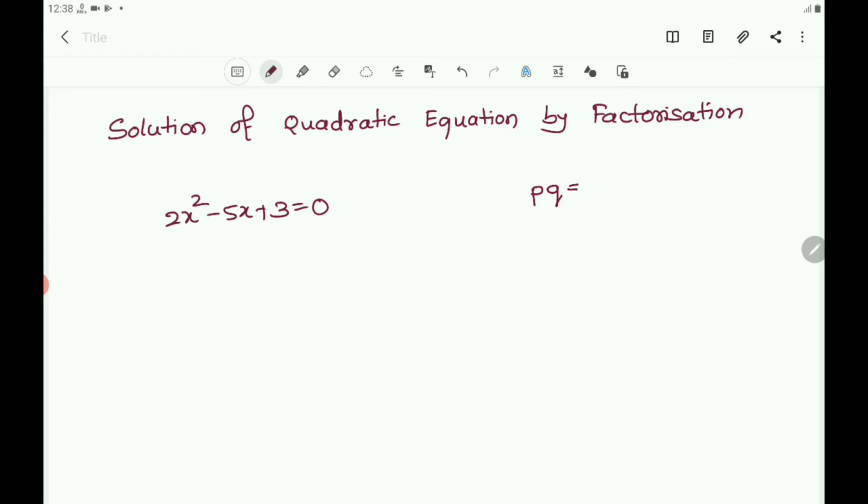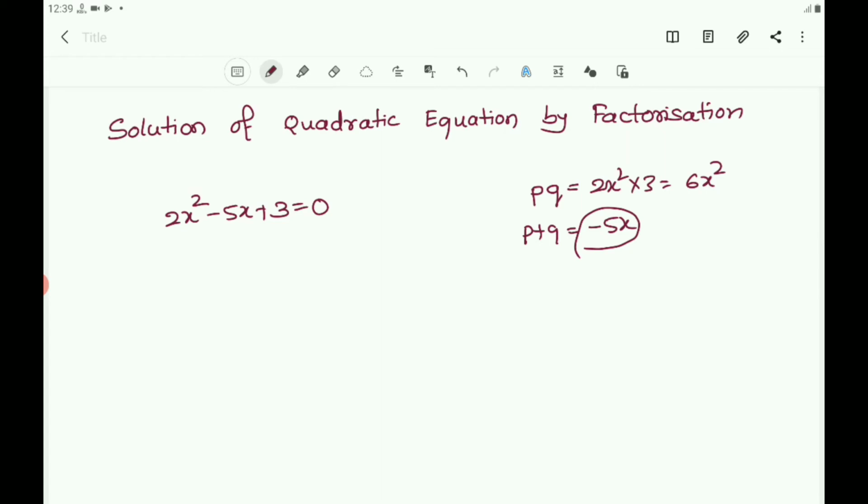PQ is 2x square into 3, you will get 6x square, and P plus Q, the sum of the factors, is minus 5x, that is nothing but the middle term. We have to split the middle term in such a way that their sum must be equal to minus 5x and the product is 6x square.